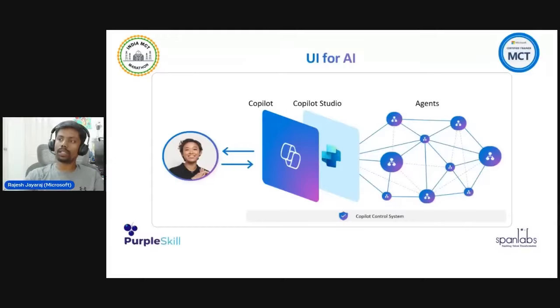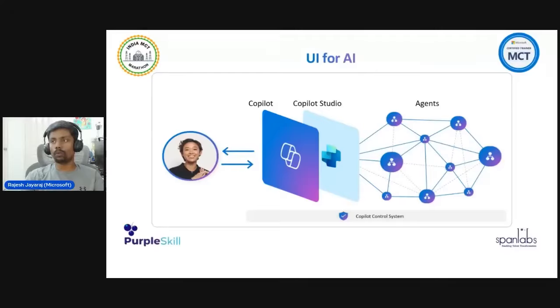The key part I would like to emphasize here is that all of this comes under your Copilot control system, which is managed from the admin perspective, and from a data security, governance, and compliance perspective. It's still managed, and everything is covered under your M365.